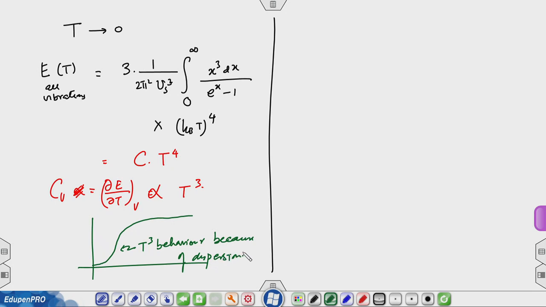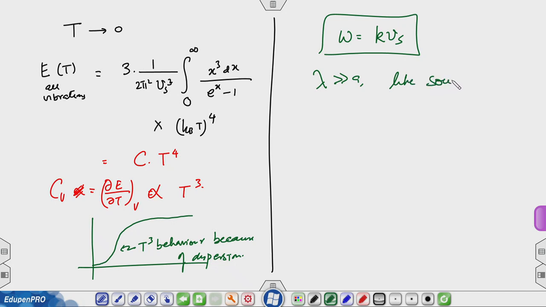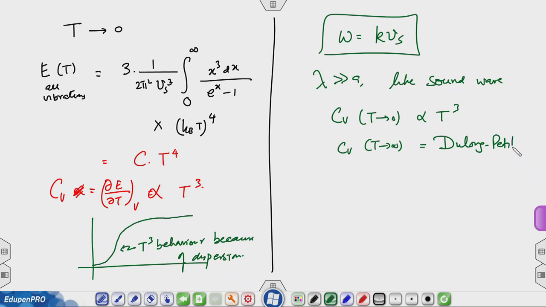So, if you take this special dispersion into account, omega equals k Vs, which is true for lambda being much greater than a, like a sound wave, Cv as T tends to 0 is proportional to T cubed, and Cv as T tends to infinity is Dulong-Pettit. And all this is taking the quantum mechanical picture.